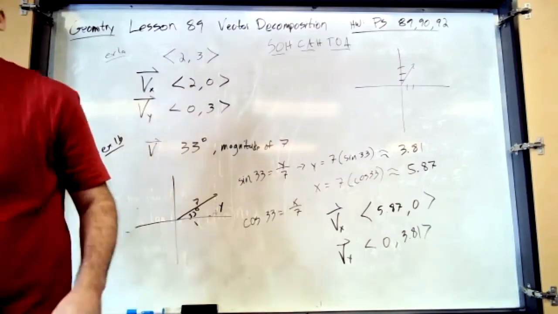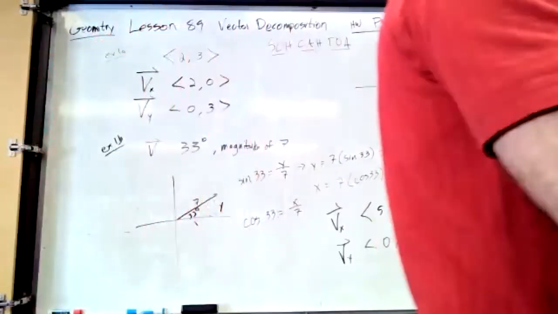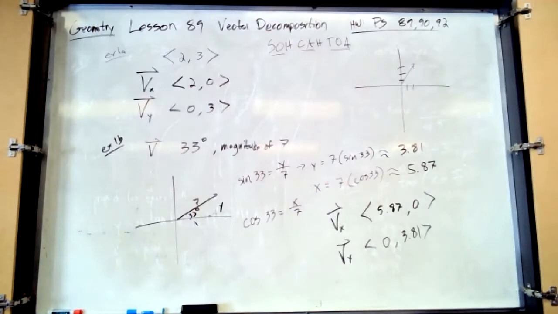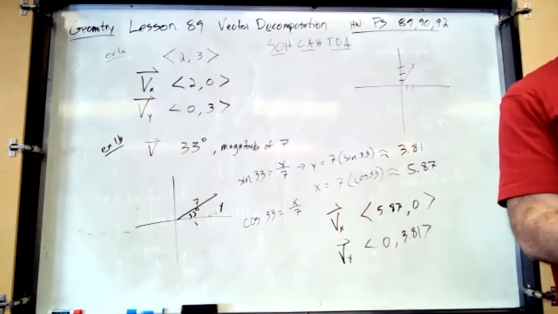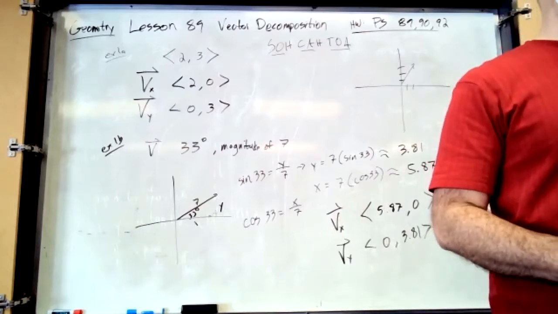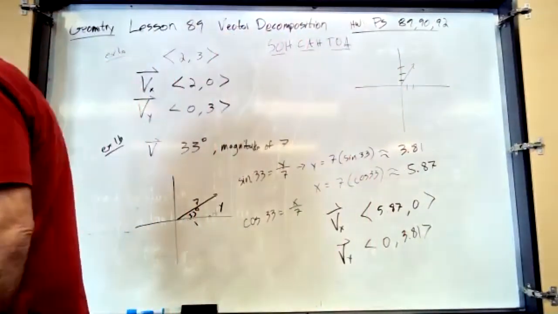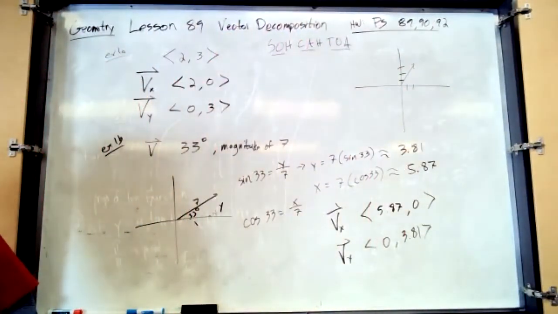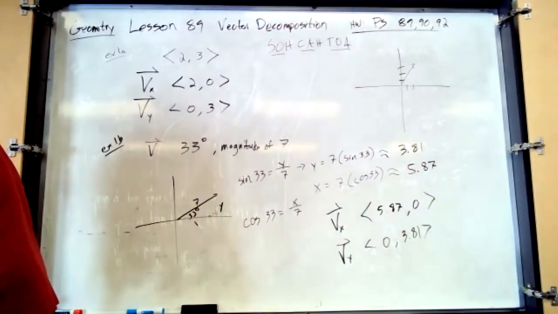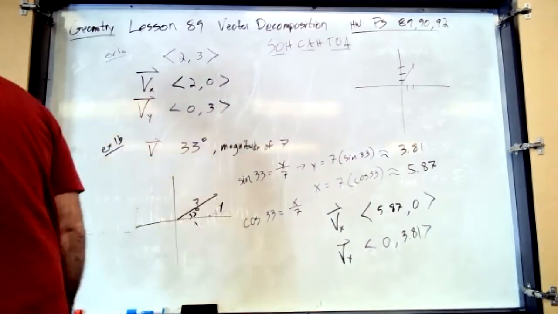So this allows you to add different vectors after you decompose the vectors. After you do that, you just add the x vectors and add the y vectors. So if you wanted to add two that are in this format, you have to decompose them first and then you can add them, okay? Let's do an example of that.